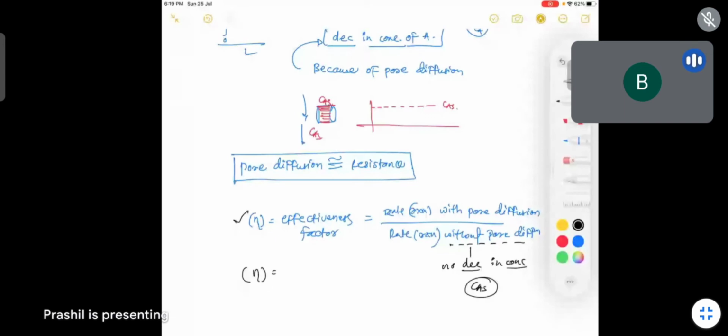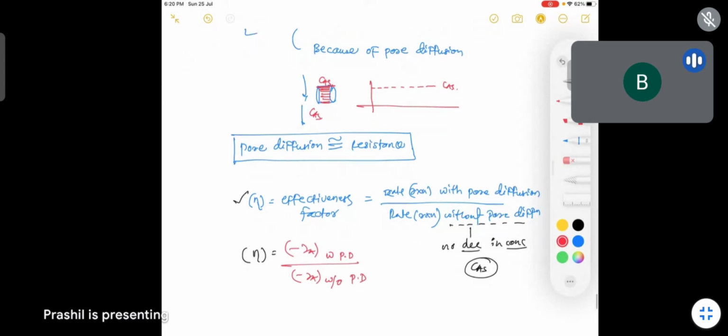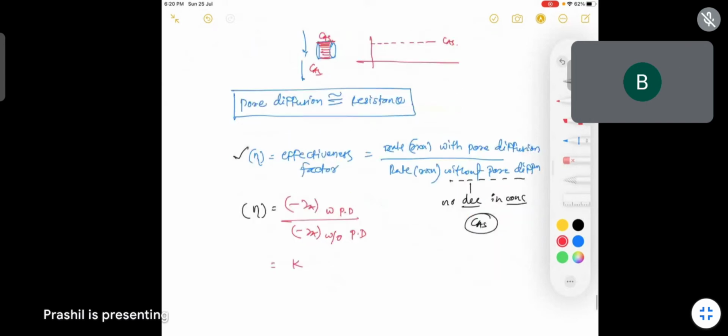Okay, so when I'm writing the formula in terms of rate, minus RA with pore diffusion, and second will be minus RA without pore diffusion, right? So what is minus RA? K into Ca to the power n, divided by K into Ca to the power n.